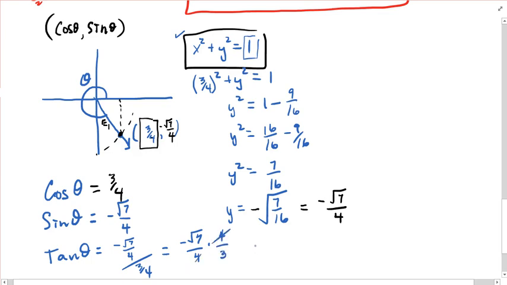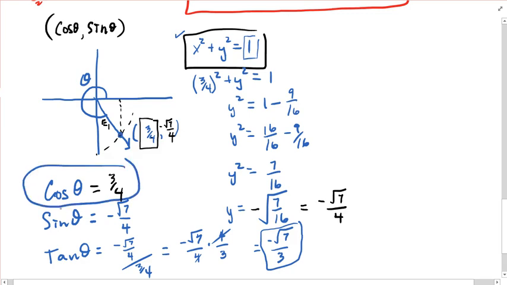The 4's cancel out, and I get negative root 7 over 3. Okay, so here I have cosine of theta was given. Sine of theta I found using the equation of the unit circle, and tan theta I found as well now that I have the 2 points.